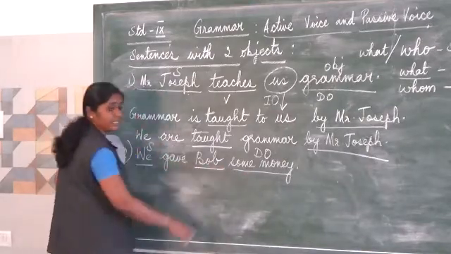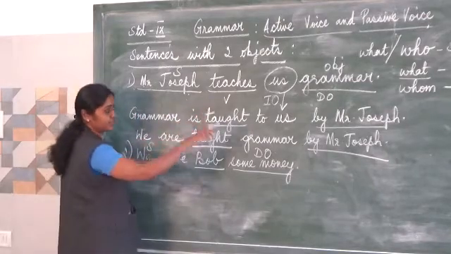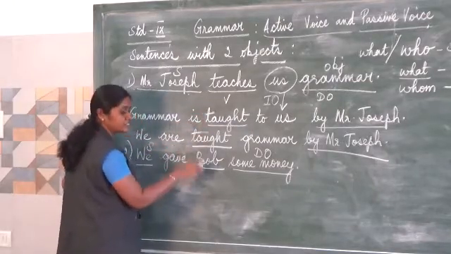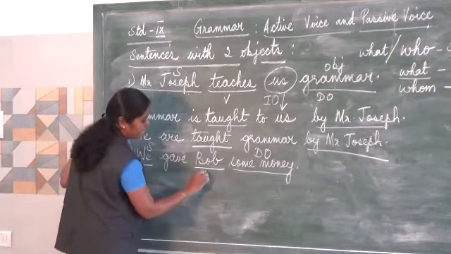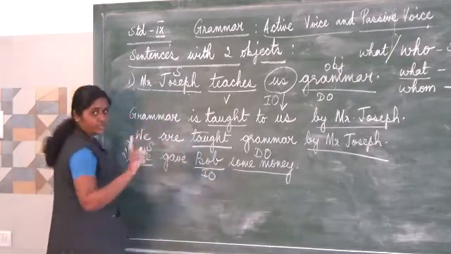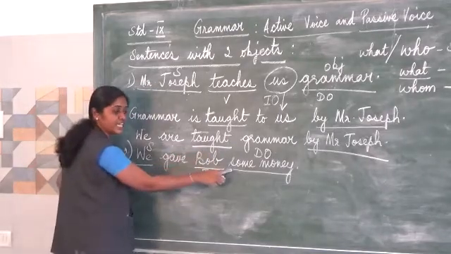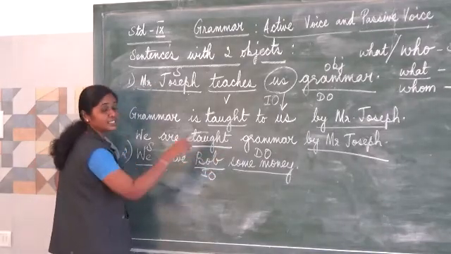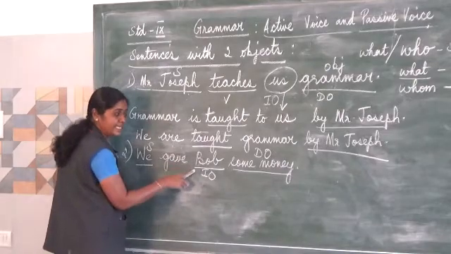To Bob only we gave some money. So what is the answer for the question whom? Bob is the answer. So this becomes the indirect object. So now you have two objects. So you can write two answers. The first answer you start with the direct object and the second answer you have to start with the indirect object.